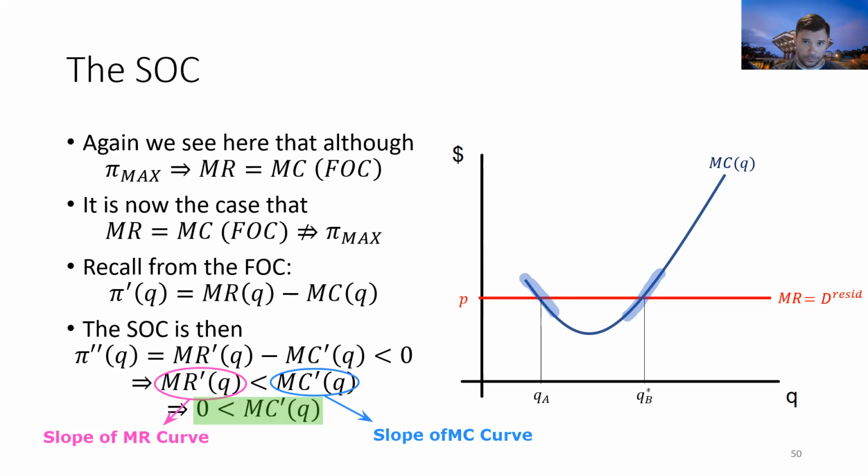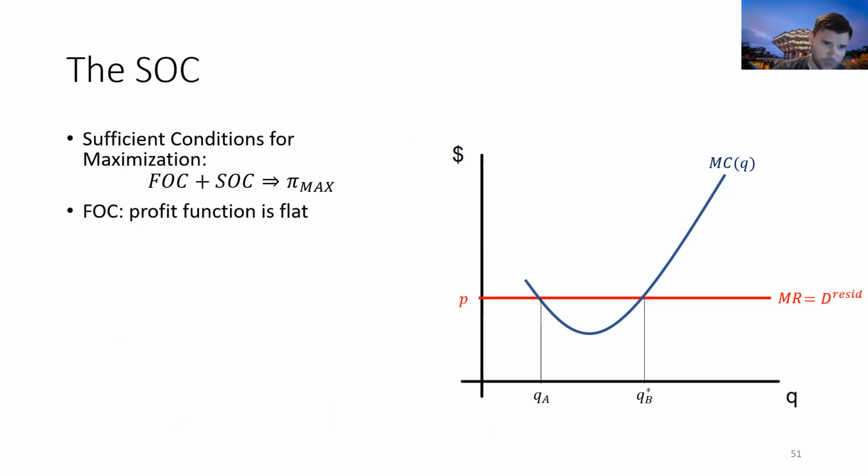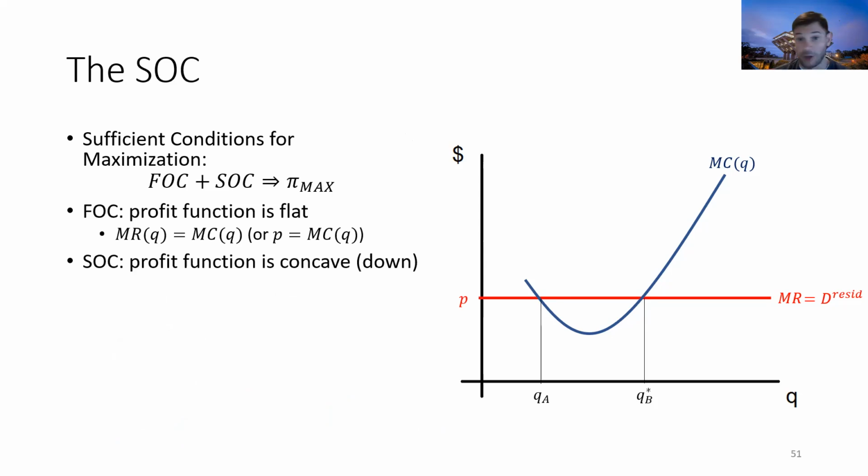Okay, so to reiterate, first order condition says the profit function is flat. We interpreted that first order condition to mean that the marginal revenue equals the marginal cost, or price equals the marginal cost in that case where we have a flat residual demand curve because we're a perfectly competitive firm. Second order condition says the profit function had to be concave.